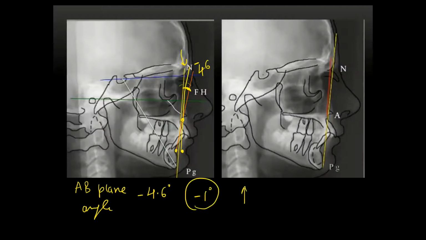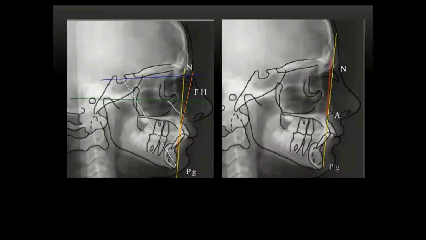So if this angle increases, it is in class 3 patients. If it decreases, it is a class 2 patient. Now, if it increases, it means the Pogonium point will come forward. So the angle will become negative, but less. Sorry, negative, but more. Now, the next angle is mandibular plane angle.